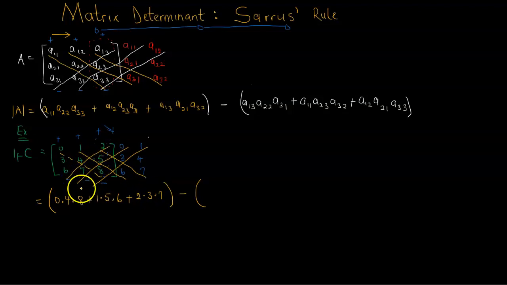So since all of them are negative, I factored out the negative here, so I have 2 times 4 times 6 plus 0 times 5 times 7 plus 1 times 3 times 8.